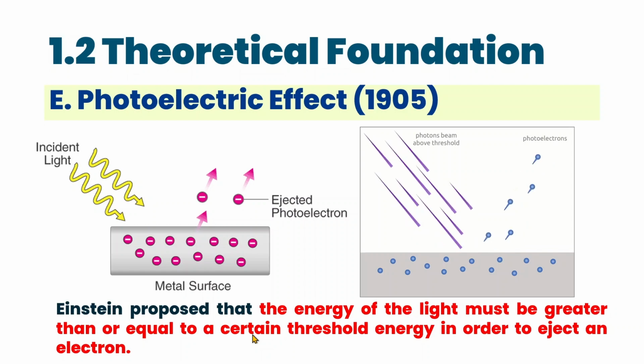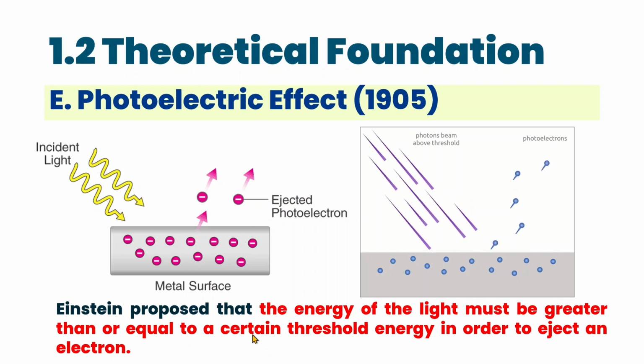Lower energy means it cannot eject electrons. The energy that a photon must possess should be greater than or equal to a certain threshold of energy possessed by the electrons.